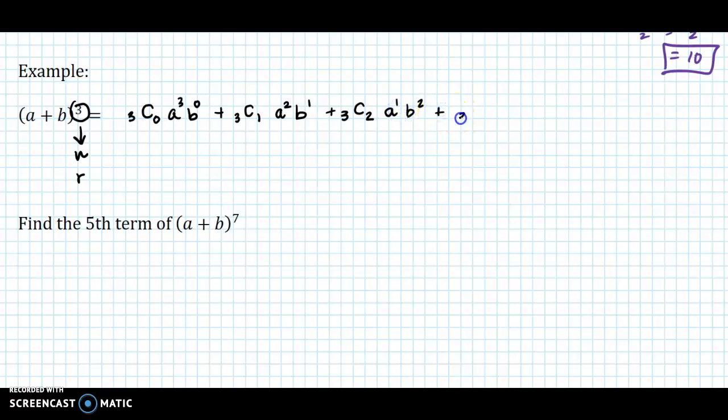And then 3 choose 3, a to the 0, b to the third. Just a couple of hints here. Your first term is when you choose 0. So you start with 0, and then you end choosing it yourself.